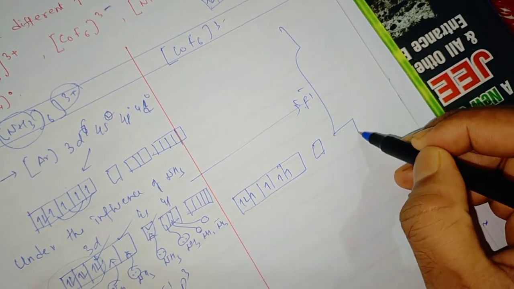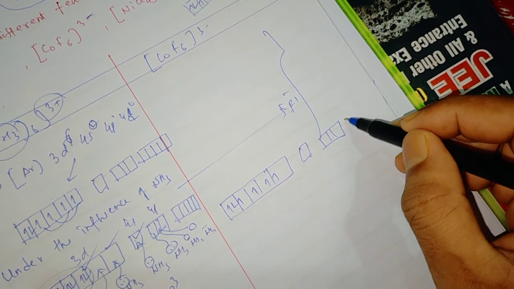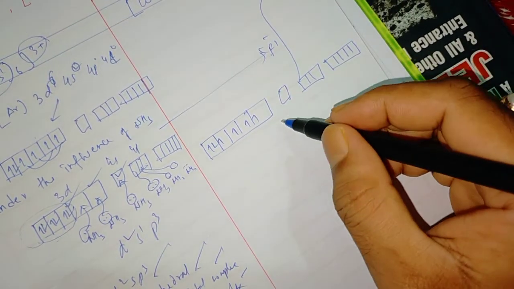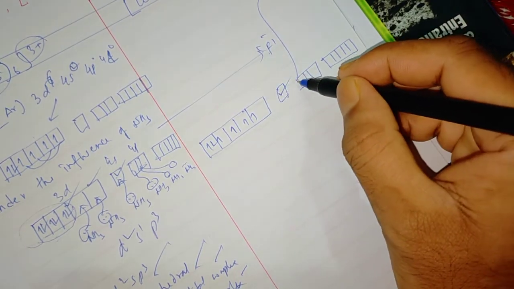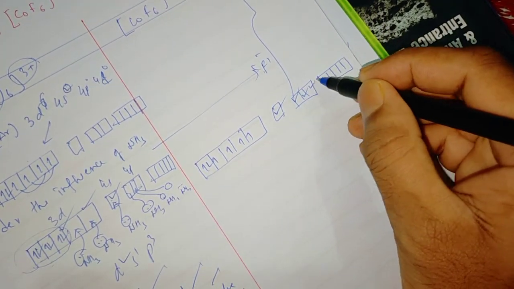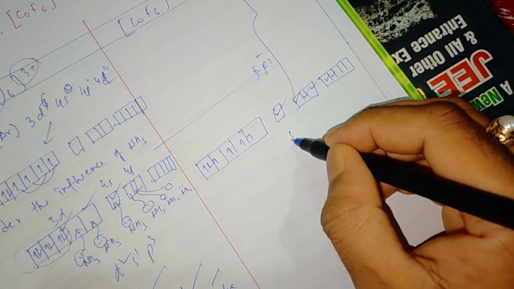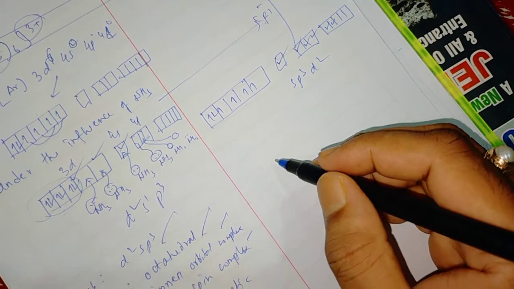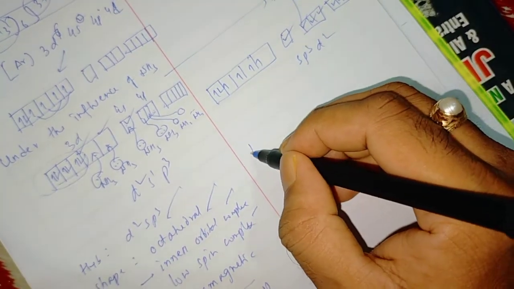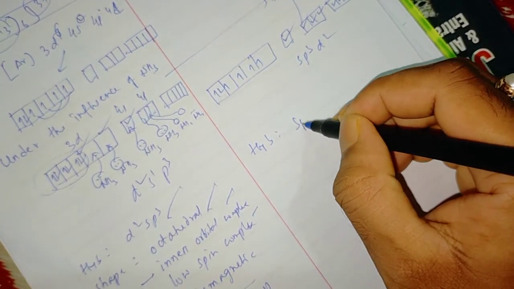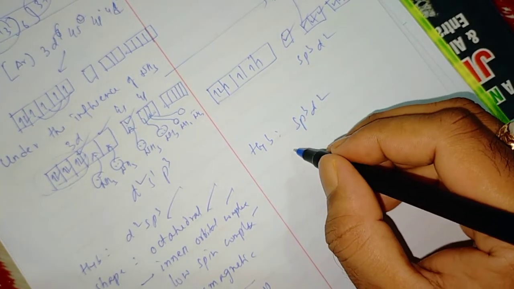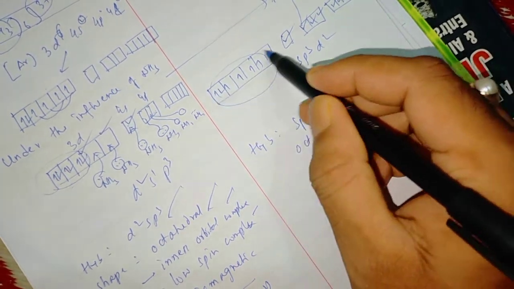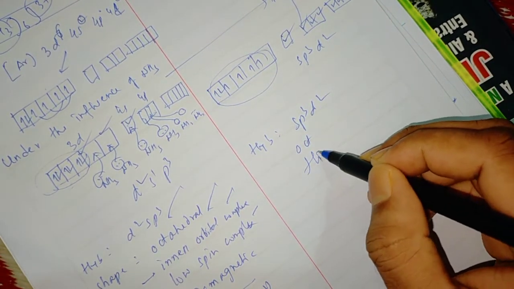This is S, this is P, this is D. Now F will take these orbitals for hybridization. 1, 2, 3, 4, 5, 6. So this is sp3d2 hybridization. So here you have to write hybridization is sp3d2. It is octahedral. Now here the spin is maximum, so it is a high spin complex.